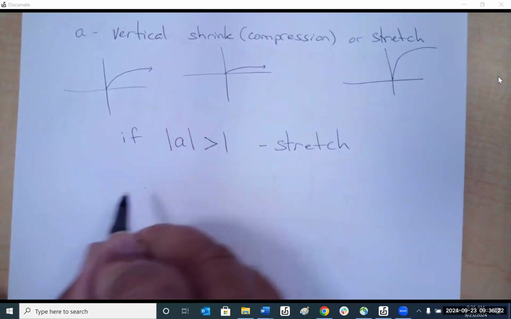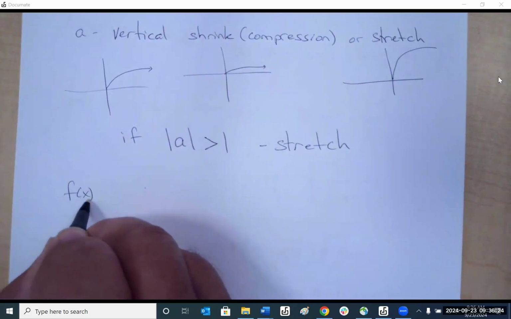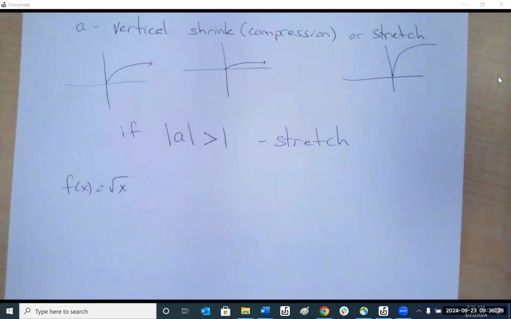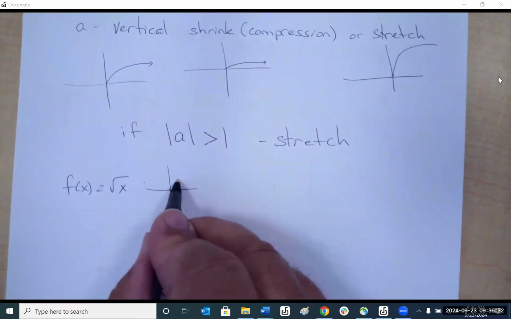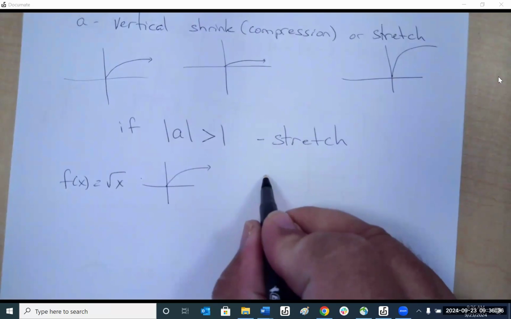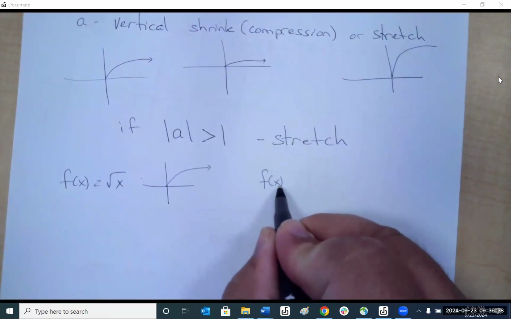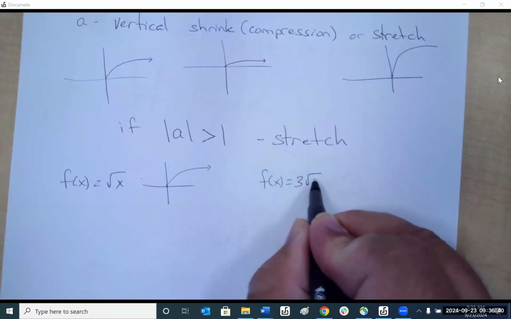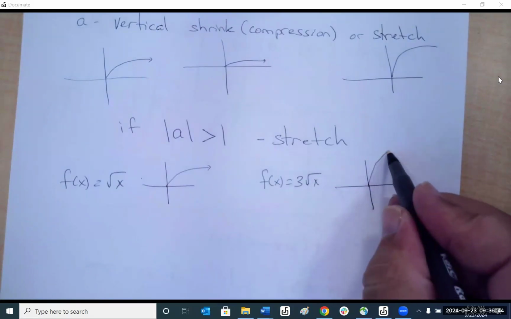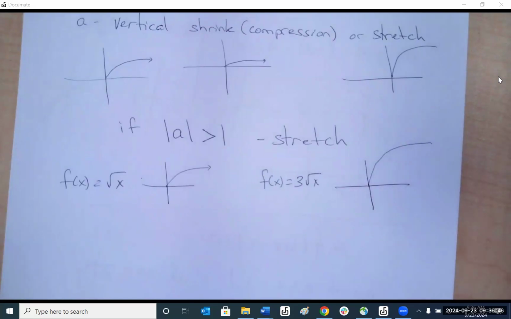In other words, if our function was the square root of X, which is like that. If I had f of X equals 3 square root of X, then it would go 3 times higher, 3 times faster.